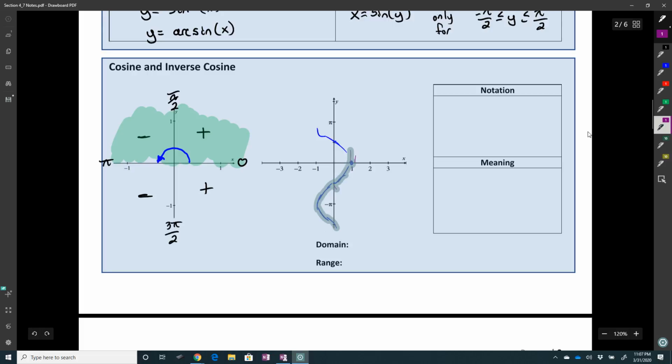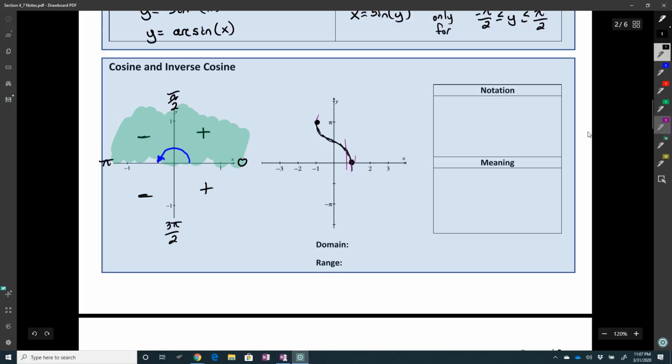Let me erase and start over. Starts there, and then pi, negative 1. And again, notice I can't continue the pattern up here because it would fail the vertical line test.